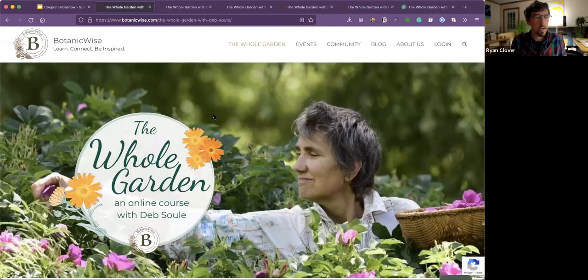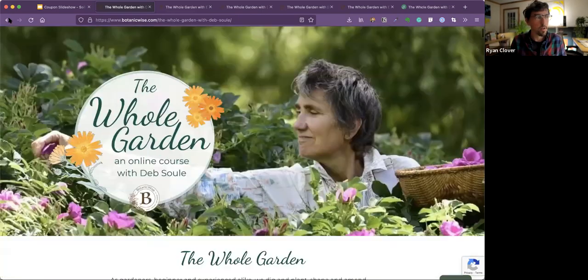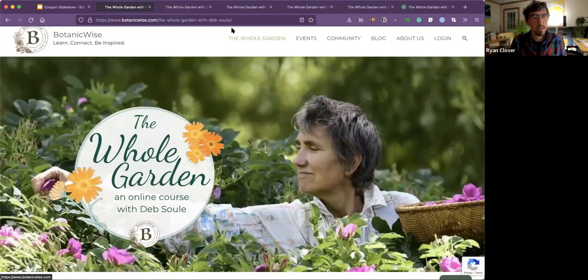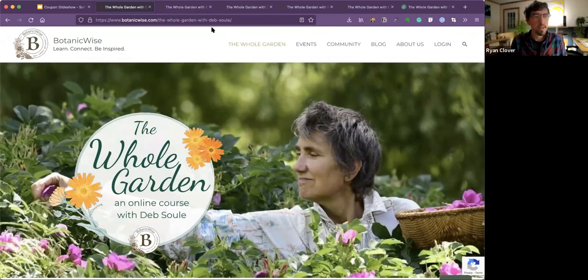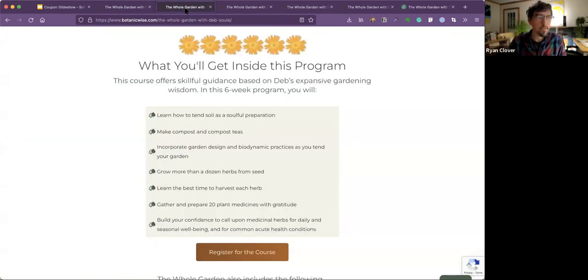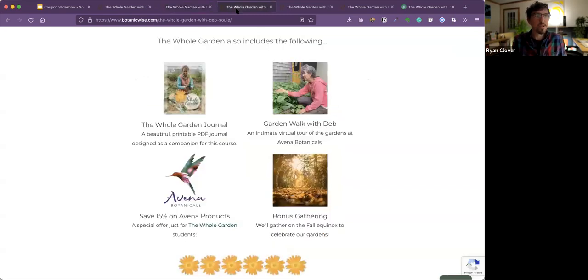And I'll just show everybody how to find your way here. Even after the chat, if you go to botanicwise.com, the whole garden is right here in the menu, because this is the primary focus at the moment for our team. If you go through this page, you can see all the different things that are included in the program. This is really about offering skillful guidance and going through the process together in the community. Along with a whole bunch of different skills that you'll be learning, there are also a few other bonuses.